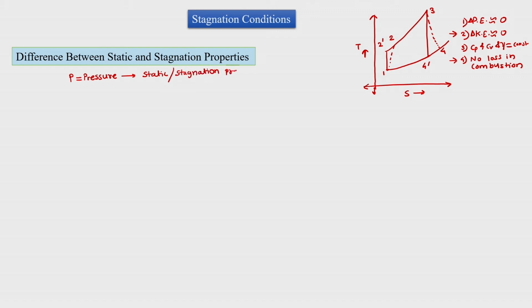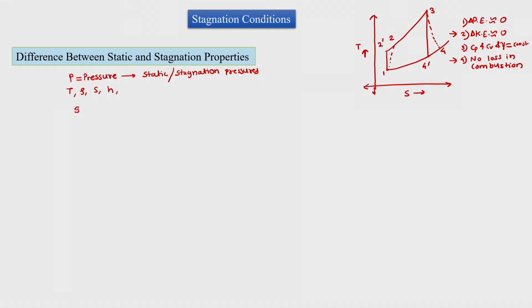Dynamic pressure also exists, and it is half rho v square, but here we are talking about P. So this pressure P is either static or stagnation. A similar thing exists for temperature, density, entropy, enthalpy and all other properties. All other properties exist in two versions, static or stagnation.